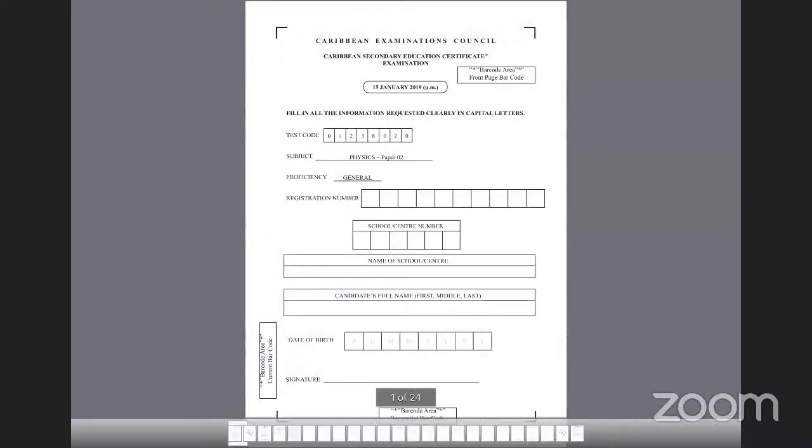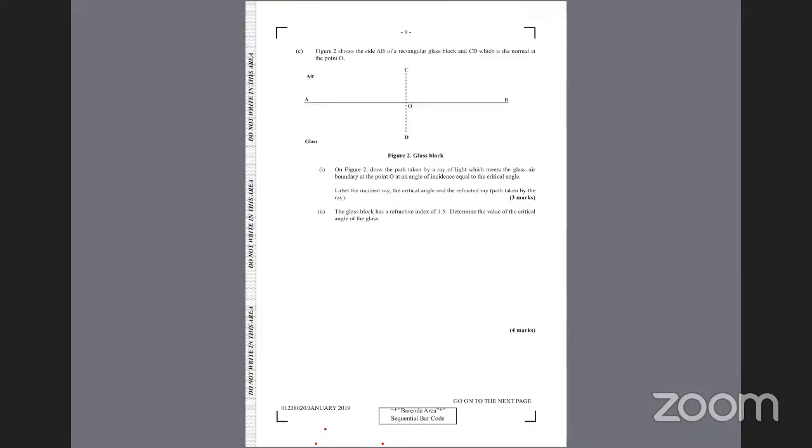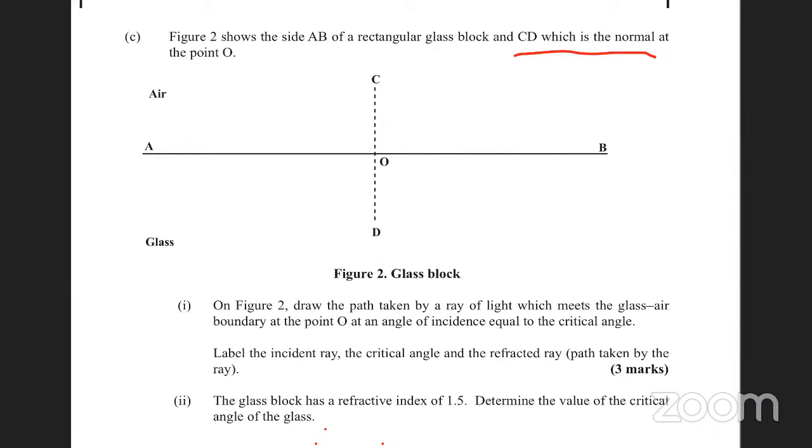Hold on, I'm just trying to share it back and see if I can write on the PDF. Right.